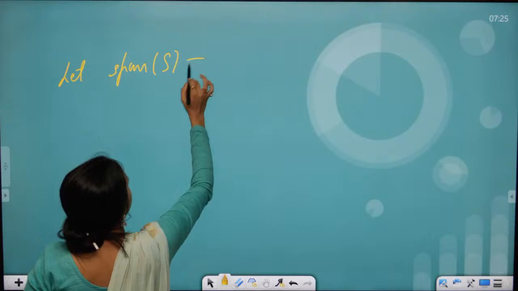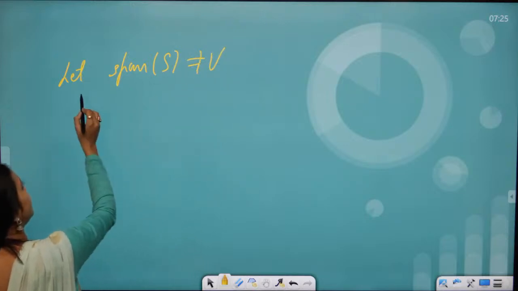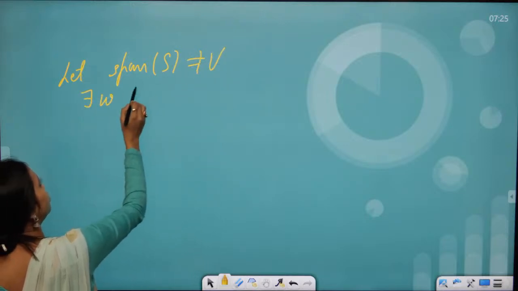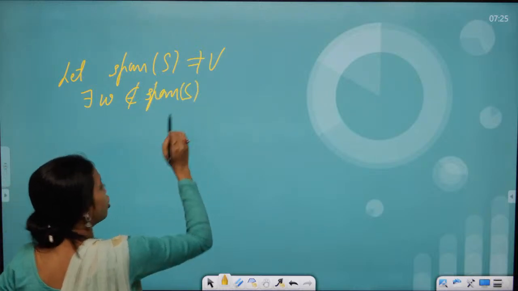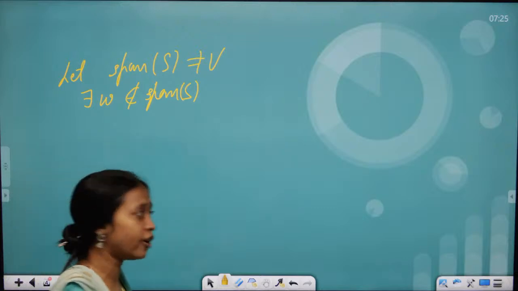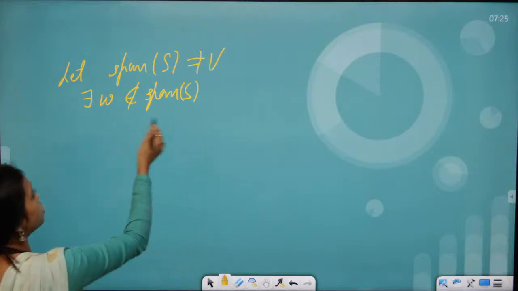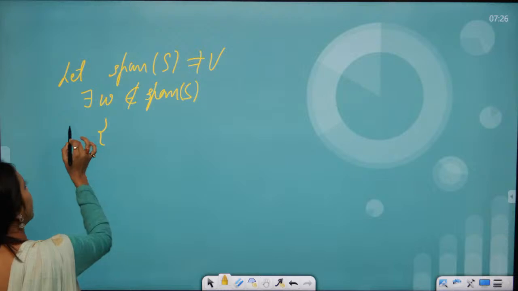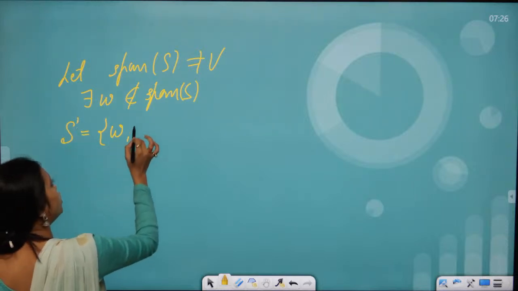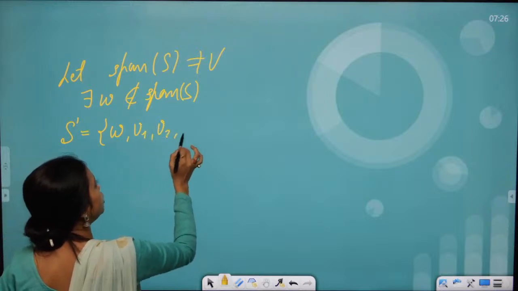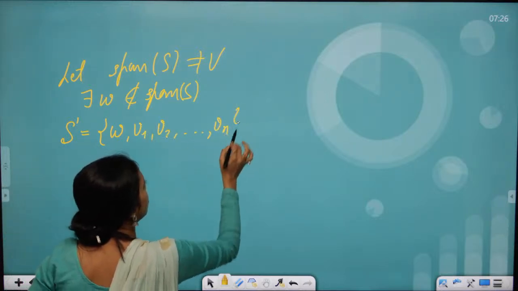that the span of S is not V. So it's not V implies there exists a W that does not belong to the span of S, that cannot be written as a linear combination of the vectors of S. So if W does not belong to the span of S, that means if I take W with the union of V1, V2 and Vn, what does that mean?